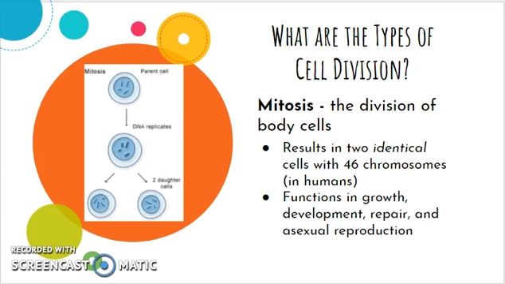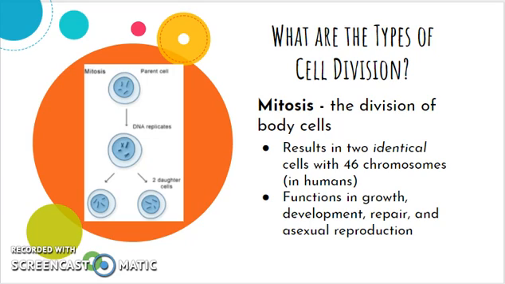What happens through mitosis, the technical definition, is the division of body cells. And the end result is an identical cell to the original cell with 46 chromosomes. So you start with one cell that has 46 chromosomes and you end with two cells that look exactly the same that also have 46 chromosomes.